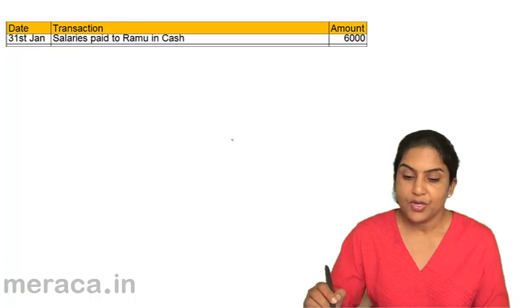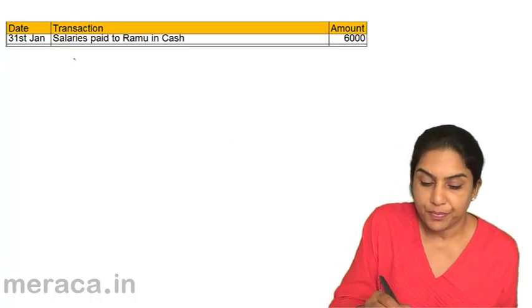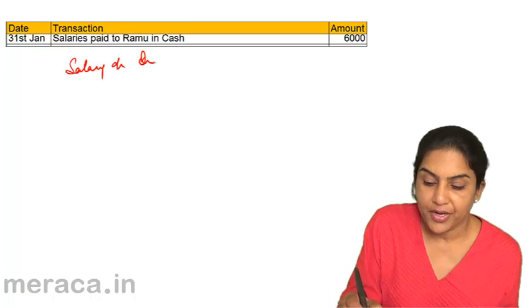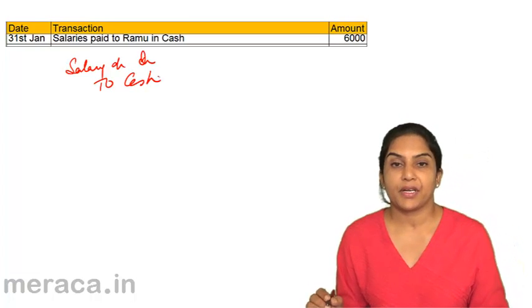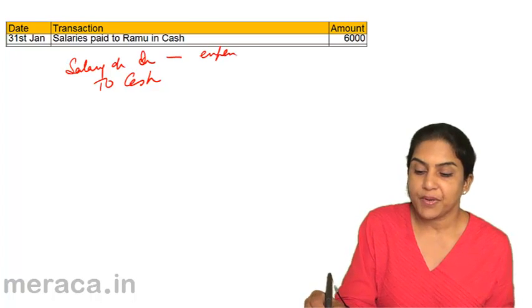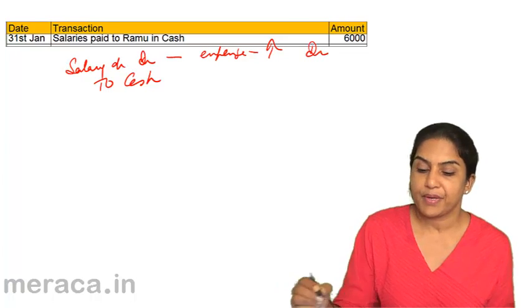There is one more. Salaries paid to Ramu in cash. The entry would be salary account debit to cash. Why salary? Because salary is an expense. Increase in expense. So debit.